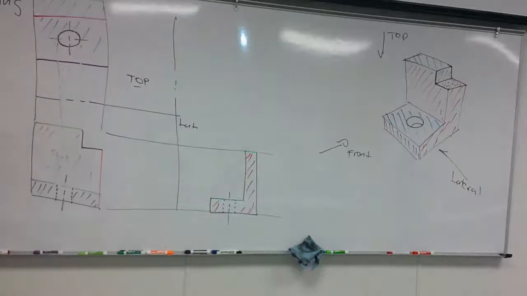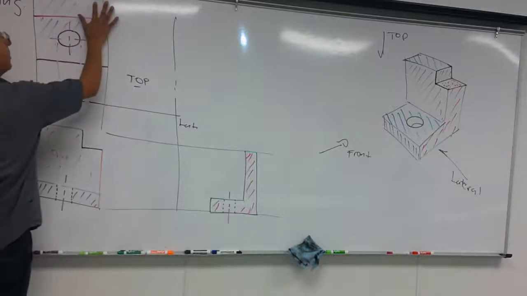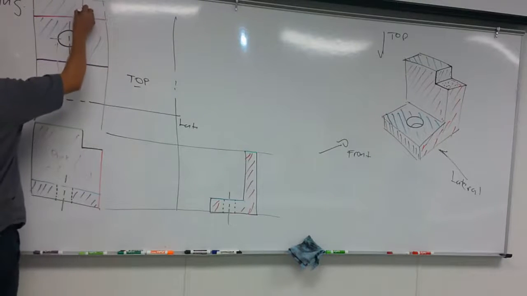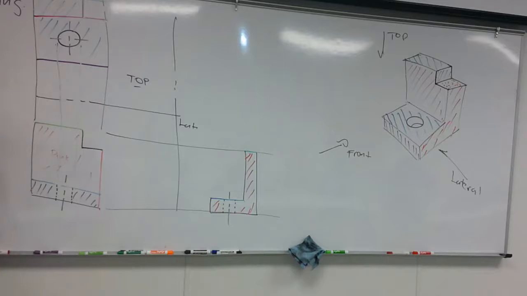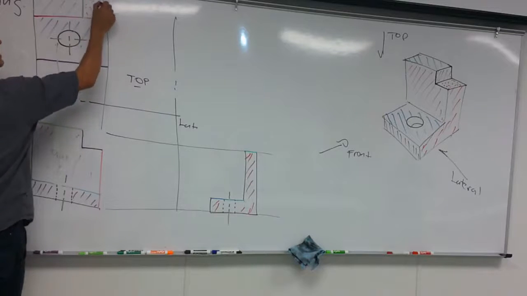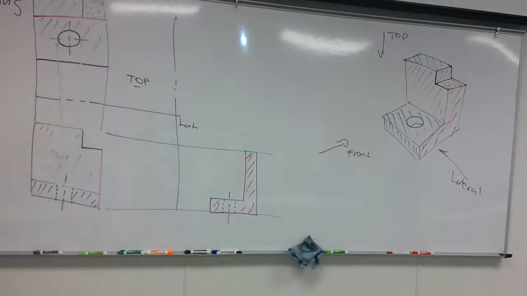What happens on top? You can see the red. I see one line completely black, and what about the red dots? They are here, no? Yes or not?